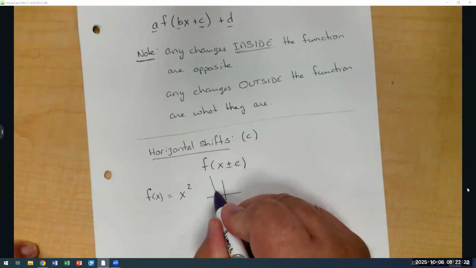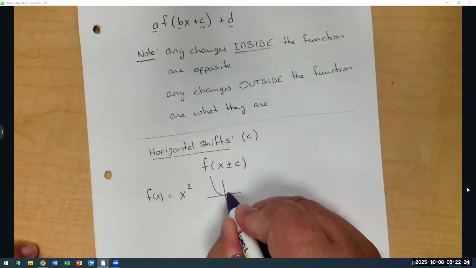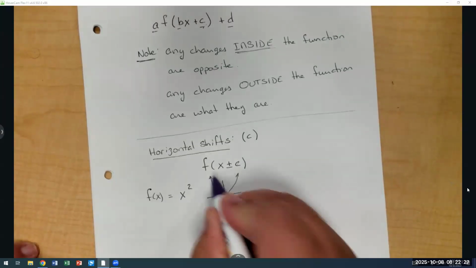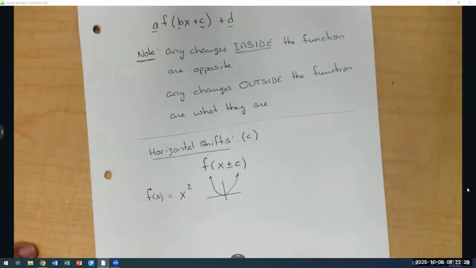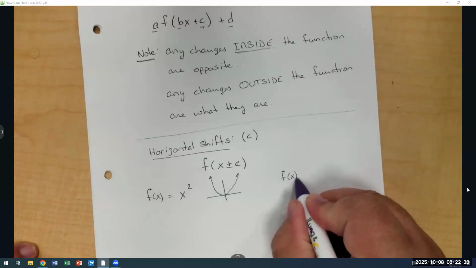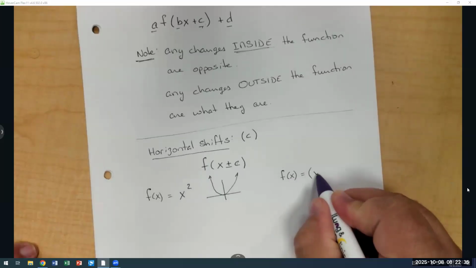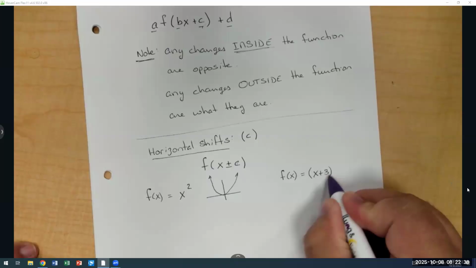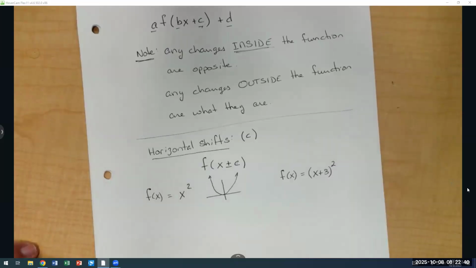Right, so it's decreasing to 0 and it's increasing to positive infinity. That's what that graph looks like. Very good.